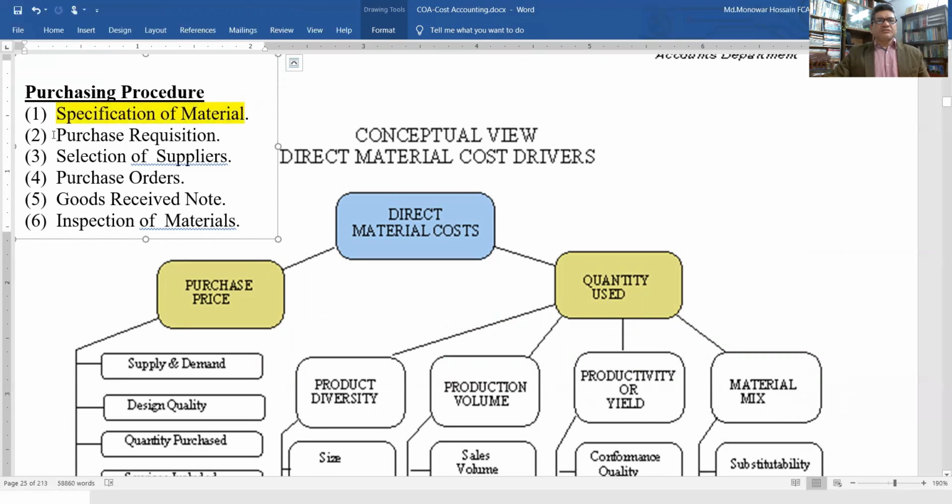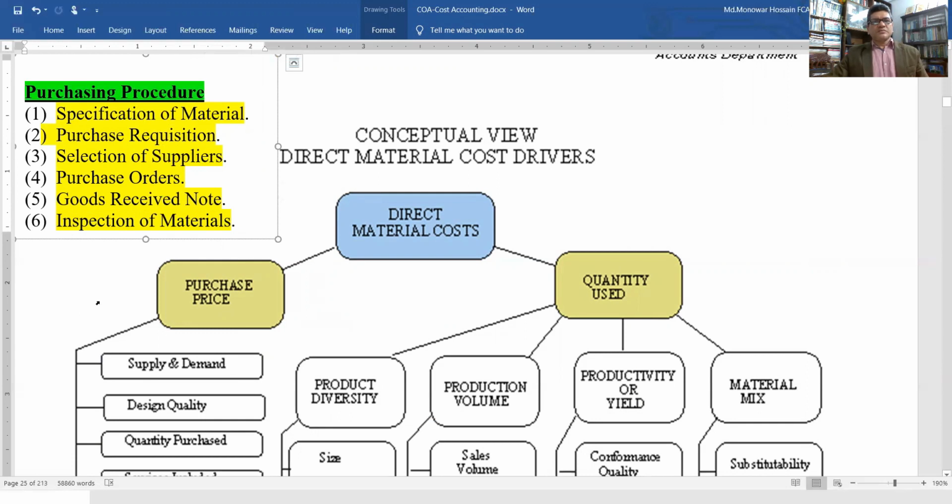The purchase requisition comes from the user. Selection of supplier: the best supplier has to be selected by the organization, and the purchase order made with the purchase department. Then receive notes, also the stationery department, and inspection of the material: is it correct or not. So this is the purchasing procedure of materials.